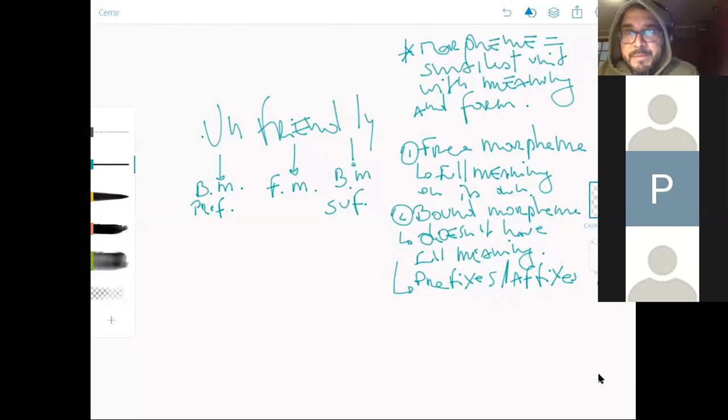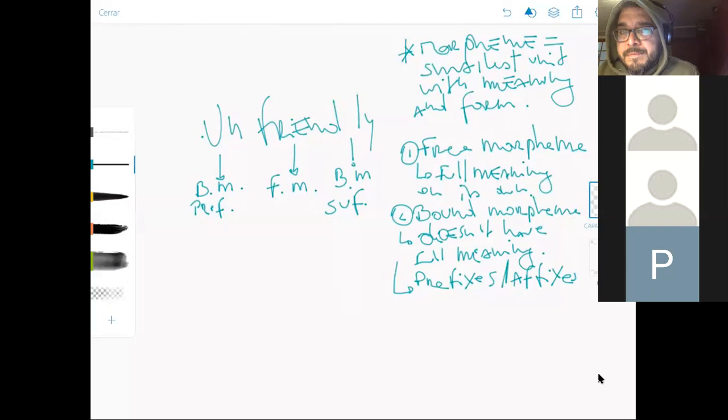Got it. ¿Algún problema hasta ahí, chicos? Profe, ¿cómo es? Es que lo escribió usted, pero no lo entiendo. Está el prefixes y ¿cuál es el otro?